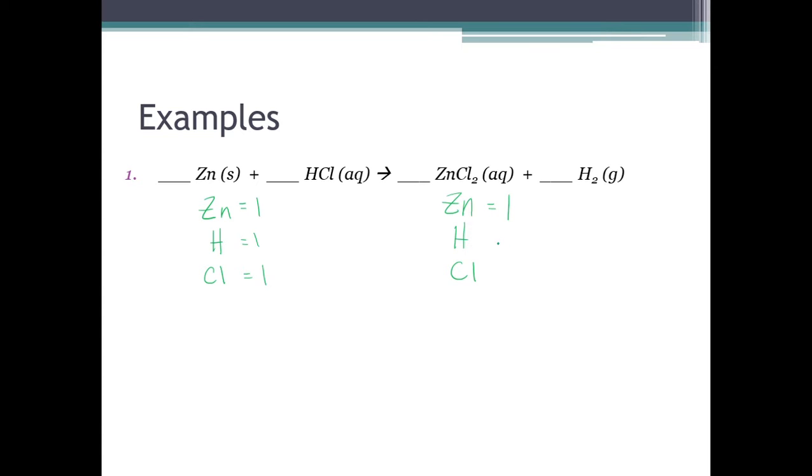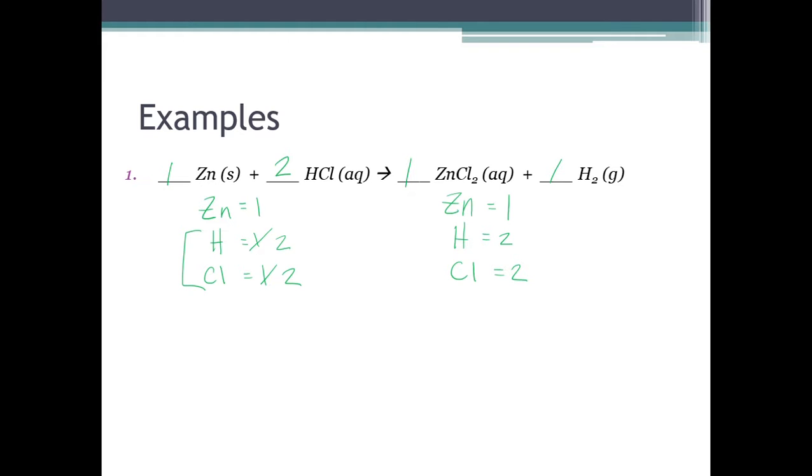On the right, we have 1 zinc, 2 hydrogens, and 2 chlorines. So we need to do something about these two over here on the left. The easiest way to do that is throw a 2 right in there. And then we'll have 2 hydrogens and 2 chlorines, and now it's balanced. So you can leave these other blanks empty. You can fill them in with 1s, either way.